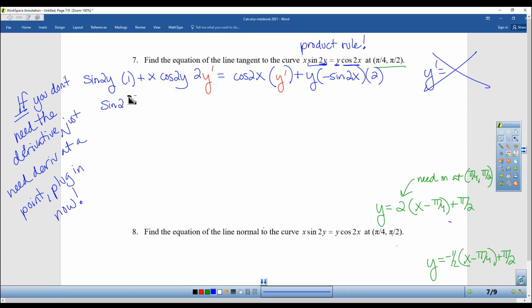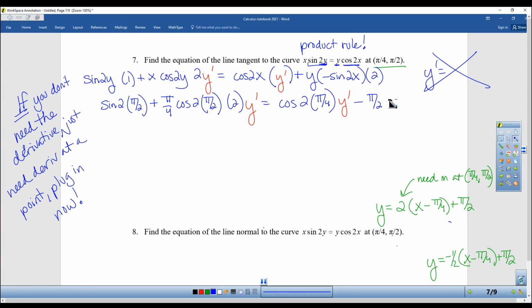So sine of 2 times pi halves times 1, which I don't need anymore, plus x times cosine of 2y times 2 times y prime is equal to cosine of 2x pi fourths times y prime, plus, actually I'm going to move the minus to the front, minus y pi halves times sine.